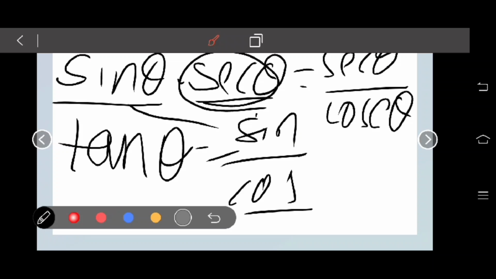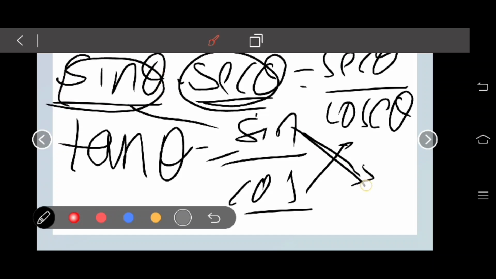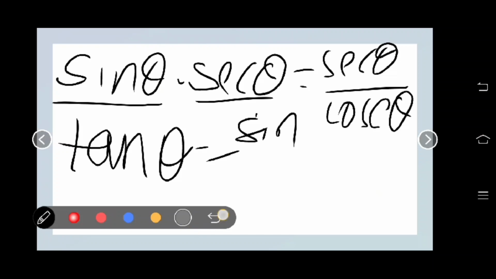But when converting the multiplication into division, the previous denominator becomes the numerator and the previous numerator becomes the denominator. That means the sine goes down and cos becomes the numerator. When the numerator goes to the denominator, sine becomes cosecant, because when it goes down it changes into its reciprocal. This is how. And now let's see tan.